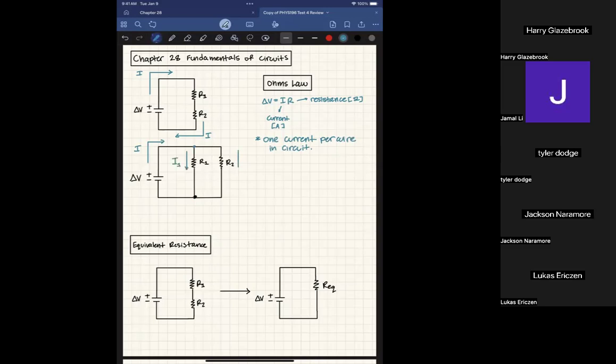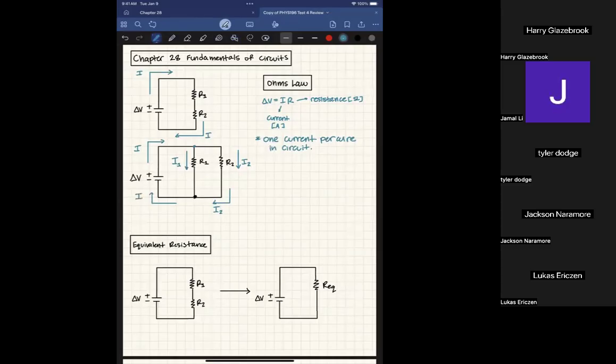So here's I1, here's I2. This I2 is going to flow all the way around. And then when I1 and I2 meet back up, they're going to turn back into I.